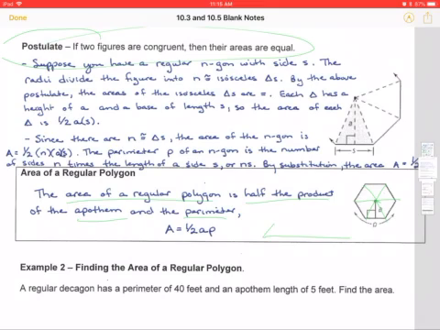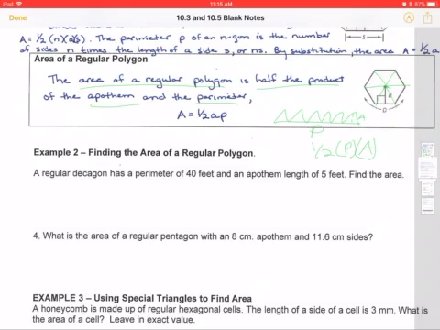You would have 1, 2, 3, 4, 5, 6, where the total perimeter is your base and your apothem acts as your height. So you really have all of these triangles. So it makes sense that it would be 1/2 times your base of P times your height of A. So that's an interesting way to think about it.